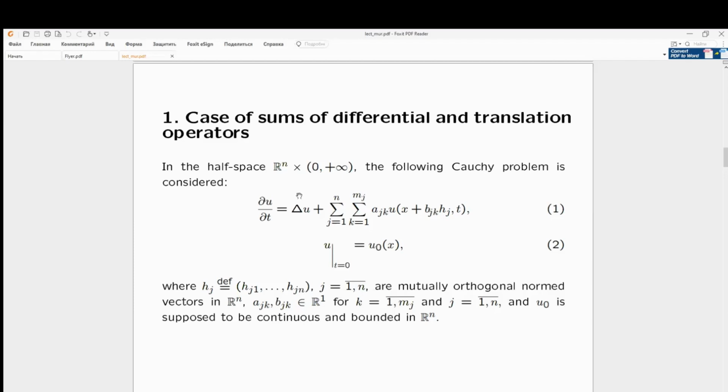It is correct to classify these equations in another way. In this case, we have the sum of a differential operator and a translation operator.